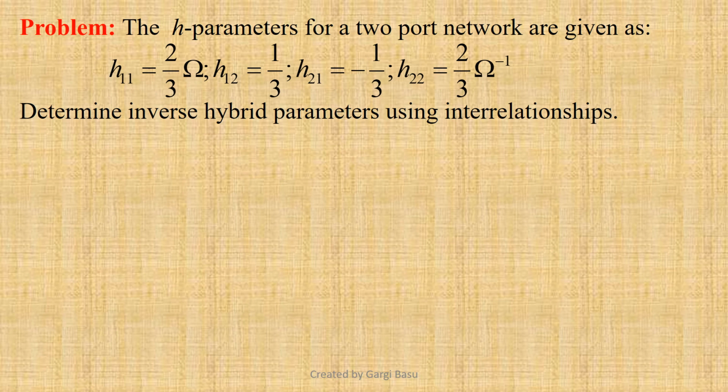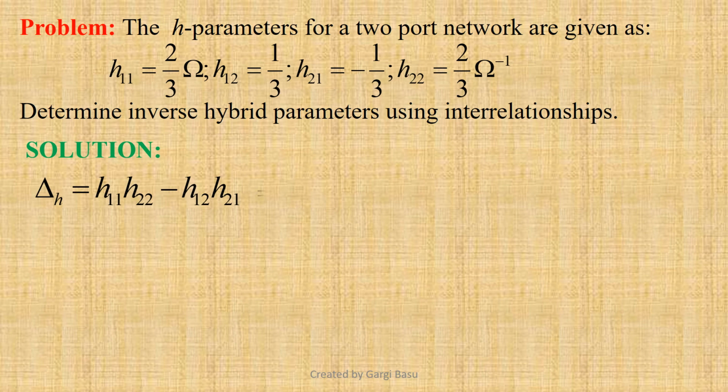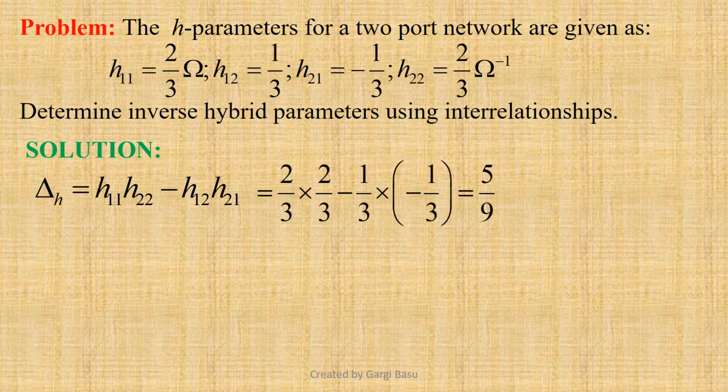We have to determine inverse hybrid parameters using interrelationships. We know for hybrid parameters delta H equals H11 H22 minus H12 H21. Now putting the values we get 2/3 into 2/3 minus 1/3 into minus 1/3 equals 5 by 9.